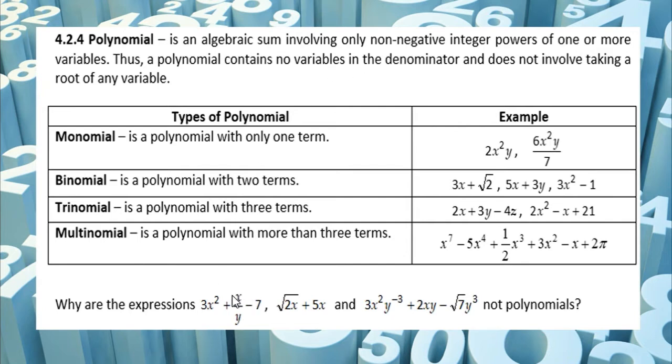So, naa kadi siya variable nga y sa denominator, so this is not considered as polynomial na. And it does not involve taking a root of any variable. So, kani naka-square root man si x diri sa variable, so dili na siya matawag og polynomial. So, that is why kani nga 3 expressions wala siya na fit sa atong definition as polynomials.